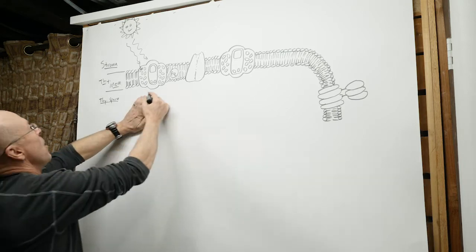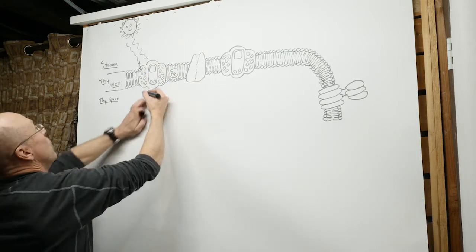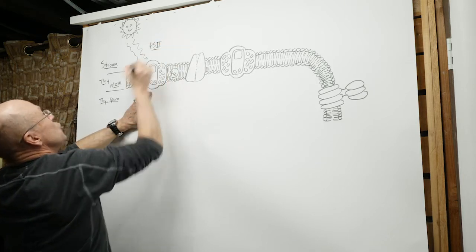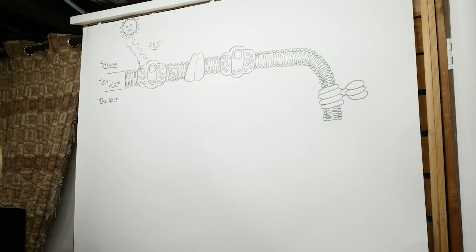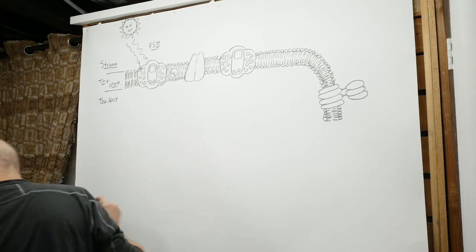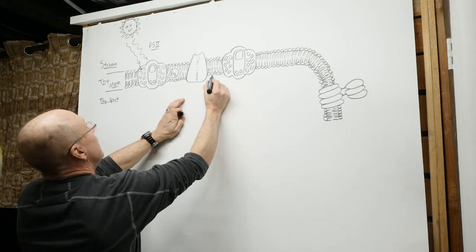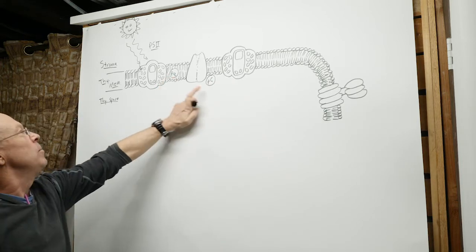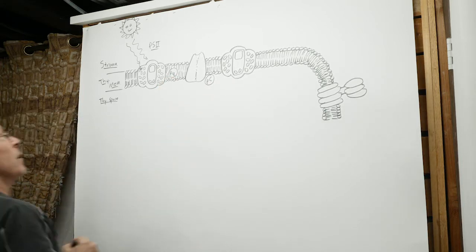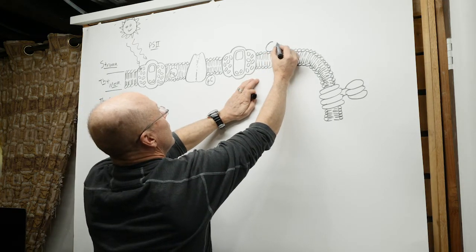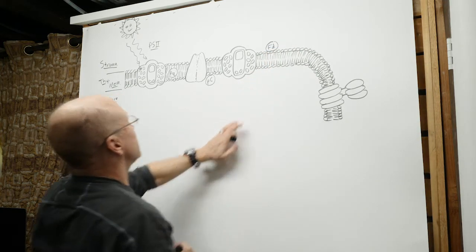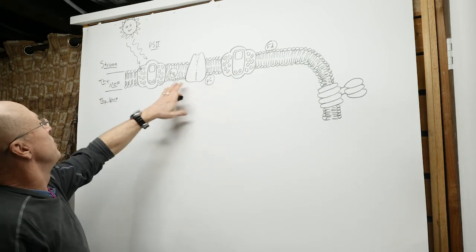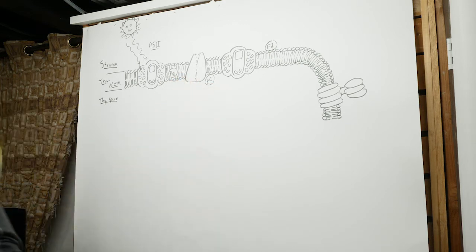We have to label this part. This is going to be our PS2. We've got to stick something down here. This is PC, plastoquinone, plastocyanin, and then up here we need to place FD, ferredoxin. I think it's giving you an idea of where these are located spatially.